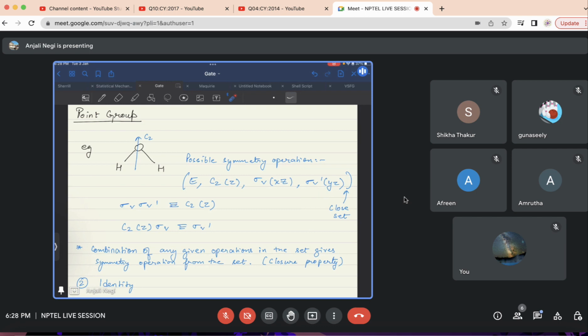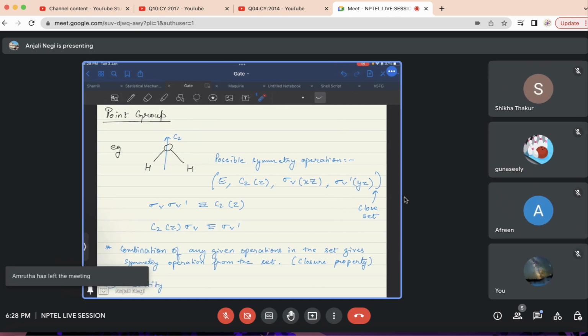Okay, so I will tell you what the closed set is. The first property when we are grouping all the symmetry operations is the closure property.